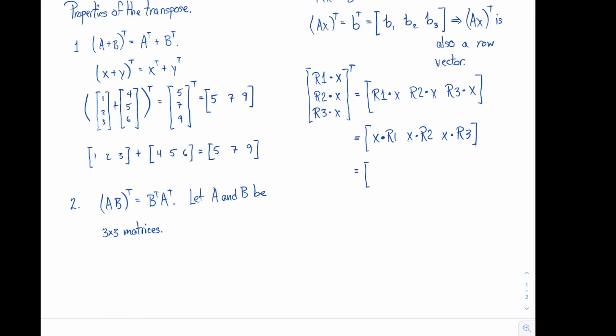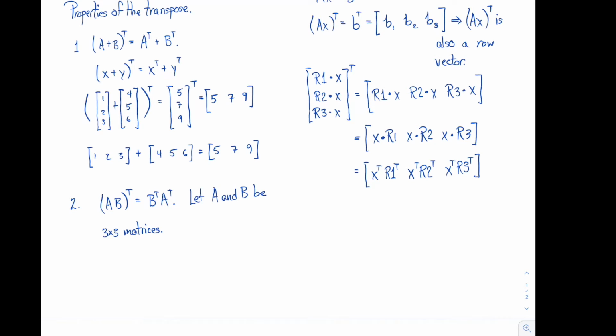This is X transposed, but row 1 is not a row anymore. It has to be a column, so it has to have been transposed. So this is row 1 transposed. This is X transposed, not times the row anymore, but times the column vector. So we need to transpose it to flip it, to get it into a column. And then finally, X transposed times R3 transposed.